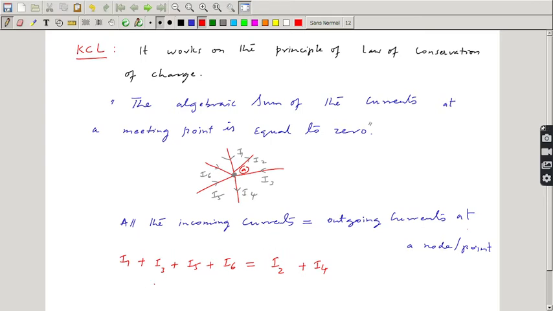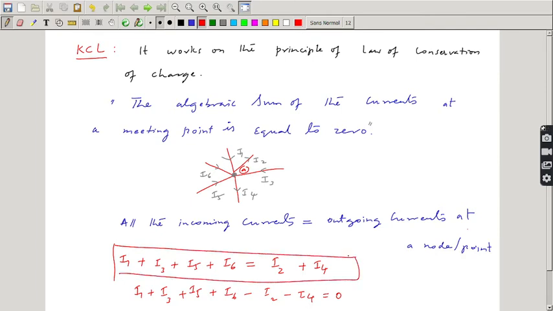As per the statement, the algebraic sum of all the currents is 0 at the meeting point, so I1 plus I3 plus I5 plus I6, minus I2, minus I4, equals 0. Both are the same, don't confuse. So this is about KCL.